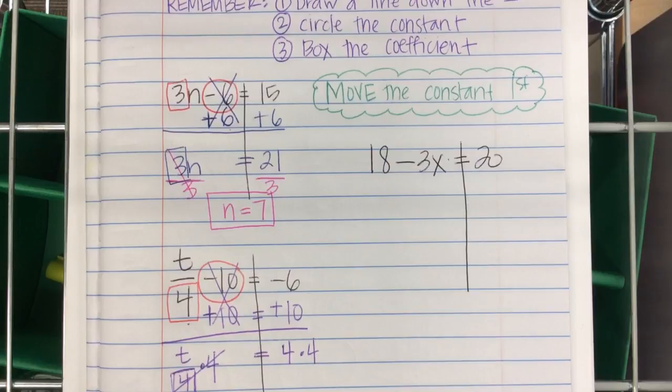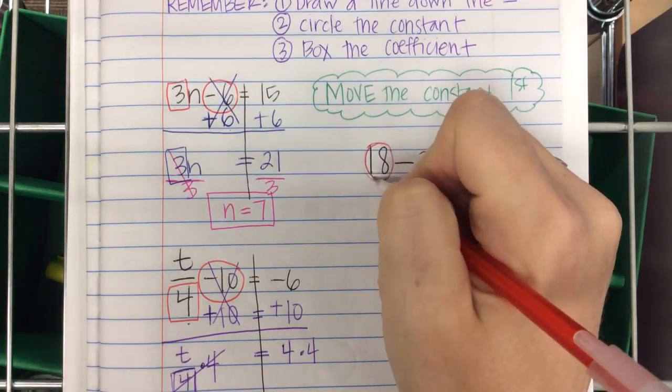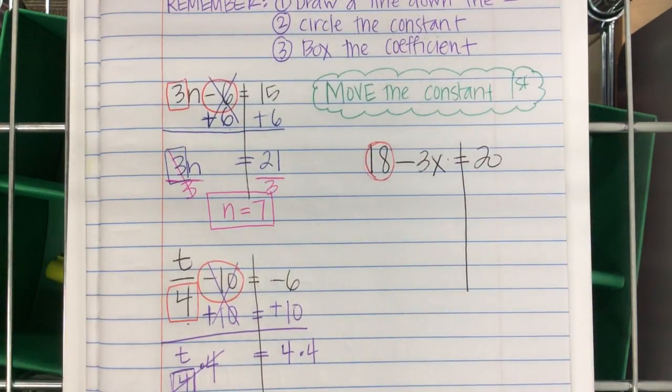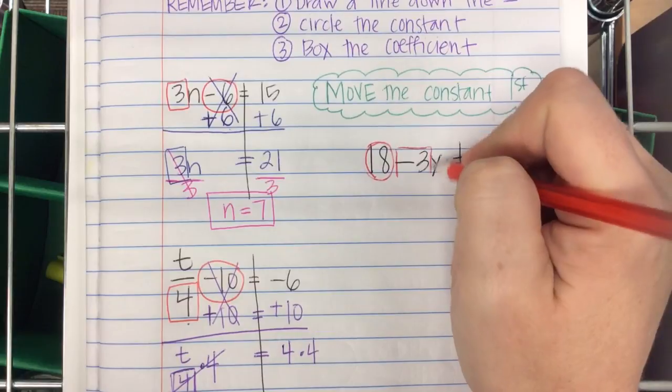Circle the constant. What's the constant? Positive 18. What's the coefficient? -3. Good.